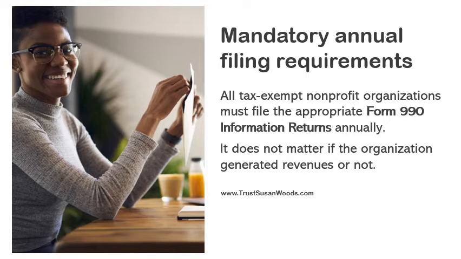Well, it took a while, but a loophole was discovered because some people claimed to not have earned the $5,000 when in fact they did. So in 2006, the IRS implemented this policy that it doesn't matter if you have zero revenues, you must file the appropriate Form 990 information return.